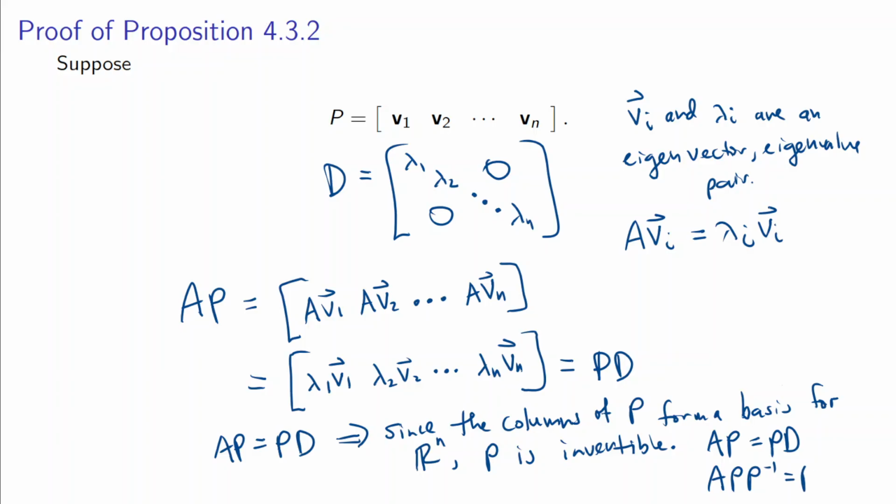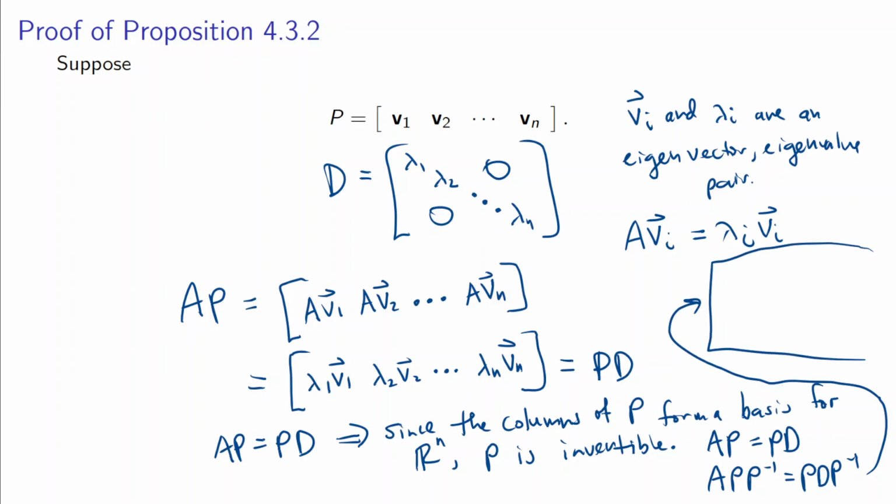So AP P inverse equals PD P inverse. But P times P inverse is just the identity. So we have A times the identity equals PD P inverse, but A times the identity is just A.